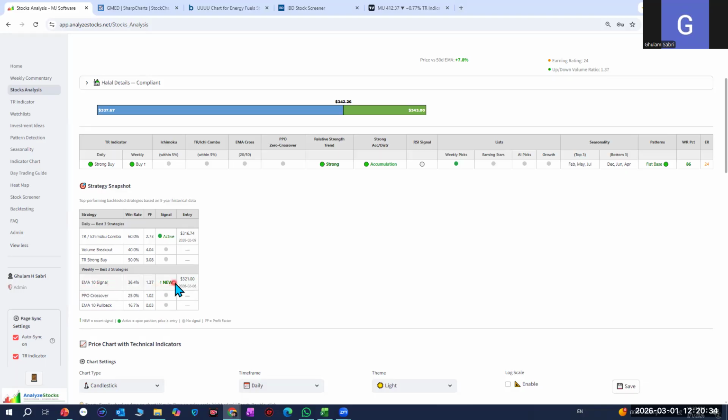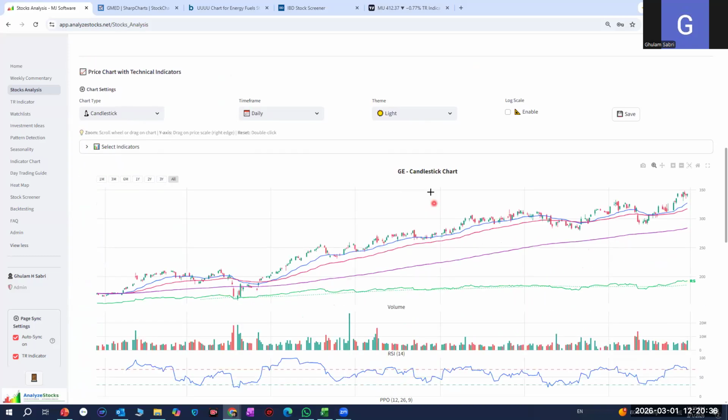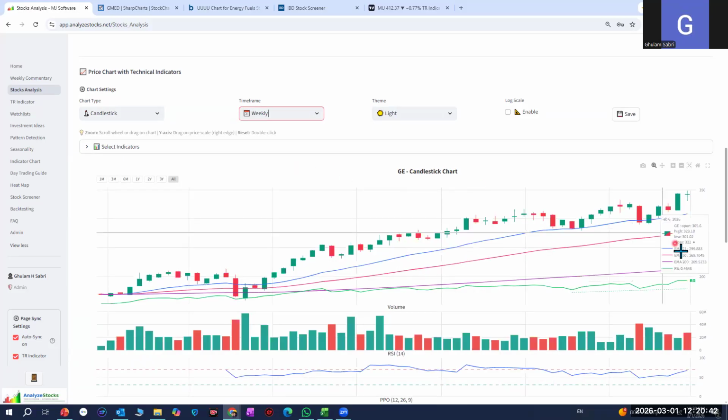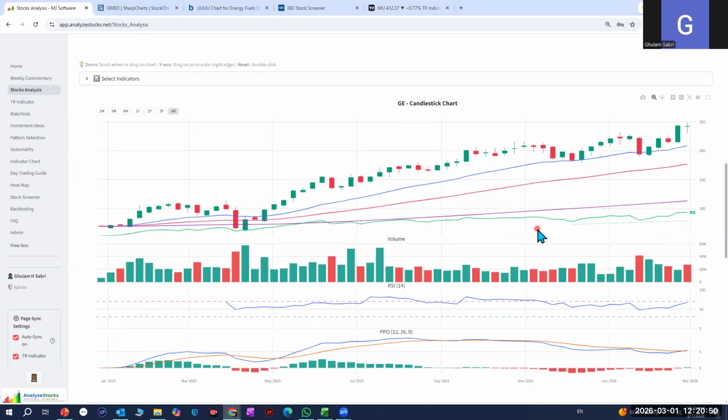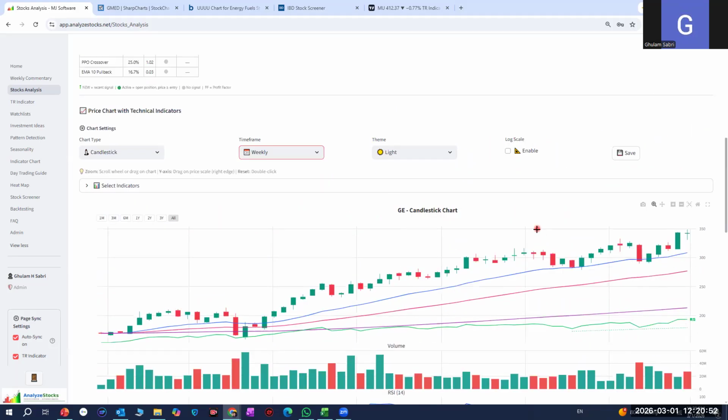And it means that, for example, if I change this to weekly right here and update this chart, it has just crossed this 10-week line. This is a 10-week line, and not very long ago. I have to cross check.